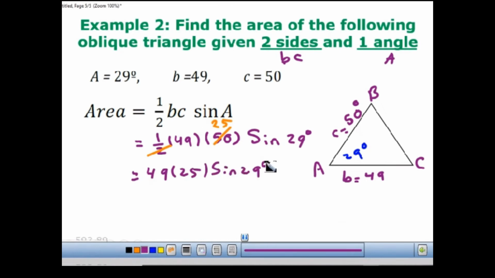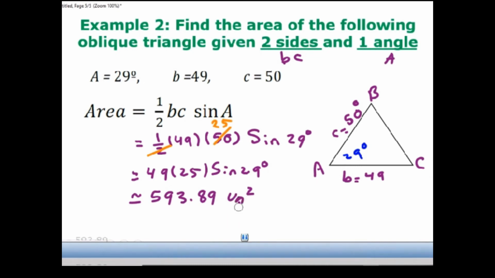I did that earlier, and I came up with the area of the triangle as 593.89 square units, whatever the unit is, you're going to have to square that. That's the area of this triangle.